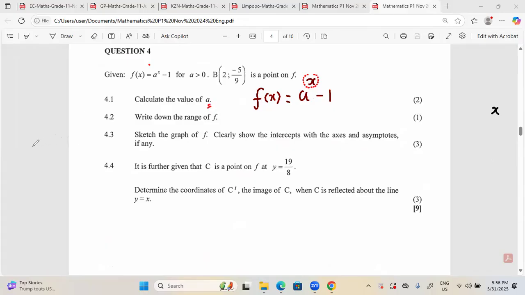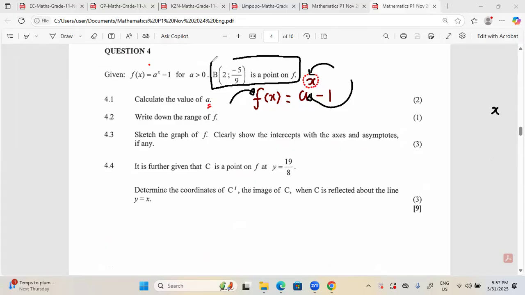In order for us to find this value of a, we have to substitute this x and this y, my f of x is my y, by any point on the graph of f of x. And they gave us the point on f. They said this point B is a point on f.